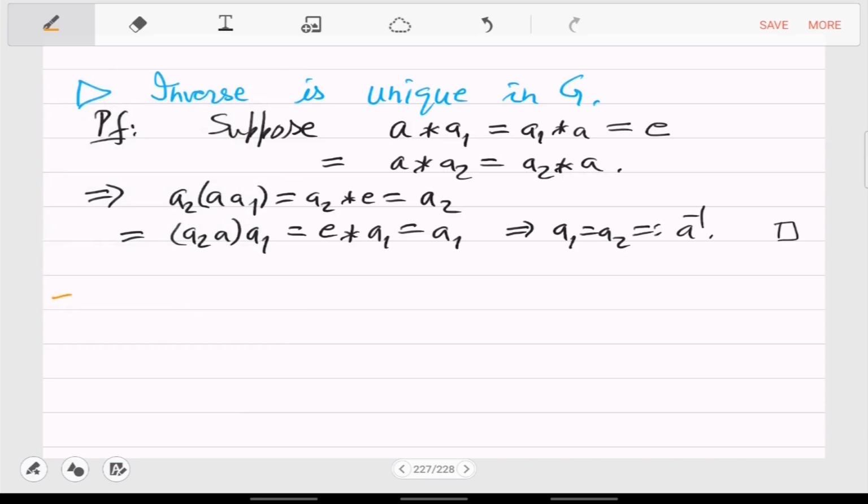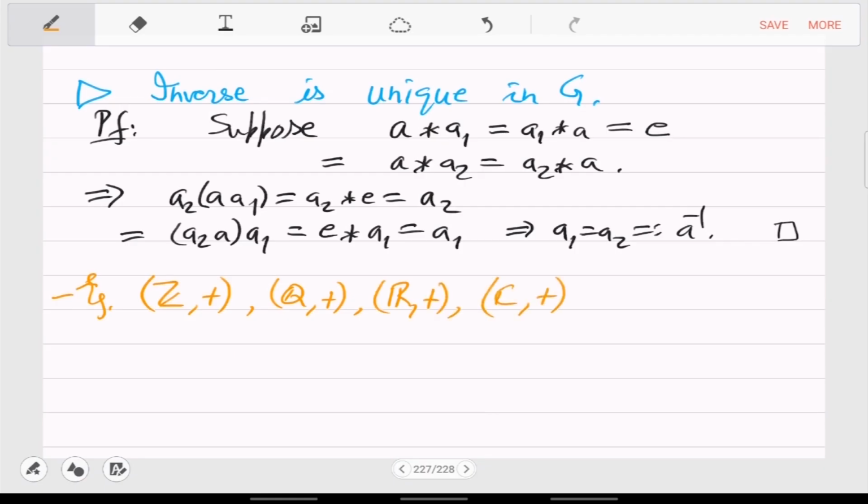Let us look at more examples. We have seen matrices, integers, and permutations. Other examples: integers with plus, we have seen. You can take rationals with plus. You can take reals with plus, complex with plus.